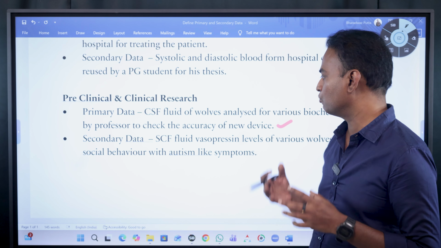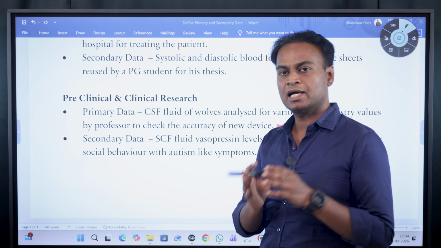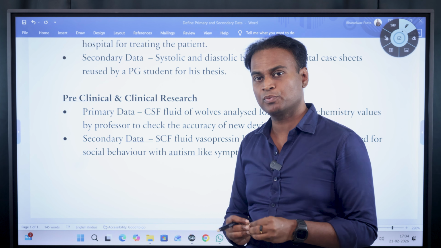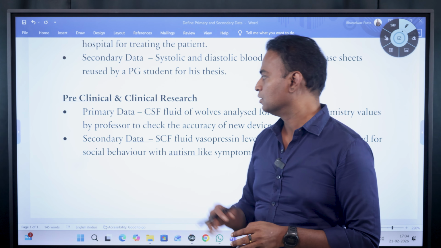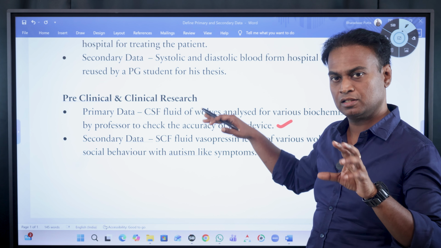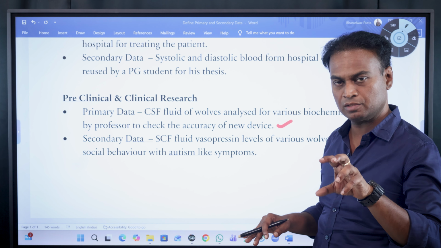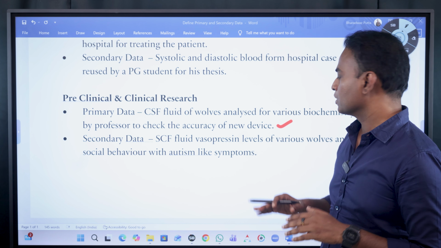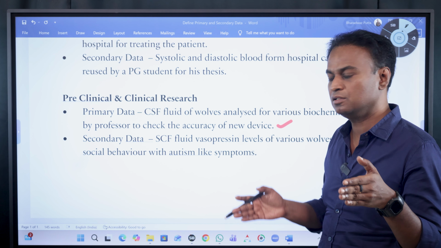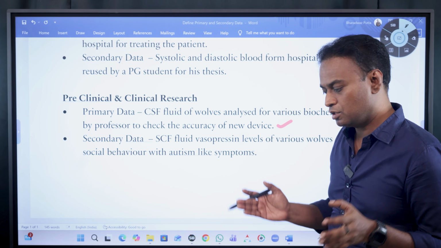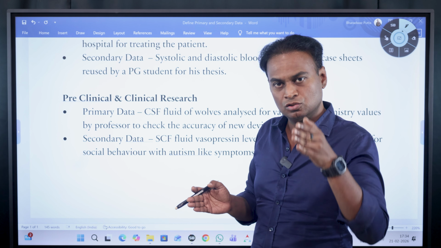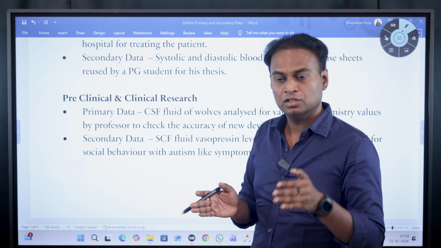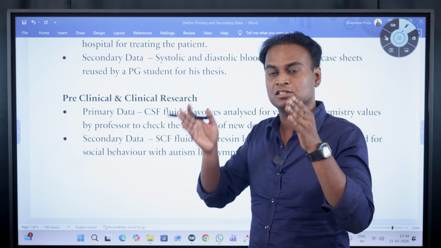What he has done is take the value of vasopressin in the cerebrospinal fluid. This doctor has taken only the cerebrospinal fluid values for vasopressin and compared the levels of vasopressin and social interactivity. What he found is, if the vasopressin is low, social interaction is low. If the vasopressin is high, social interaction is high.